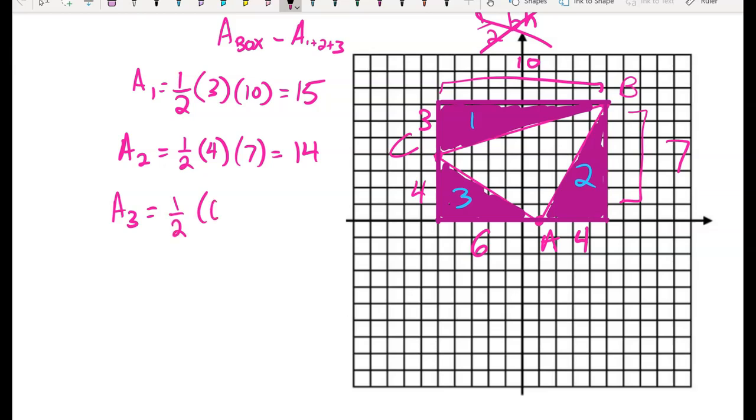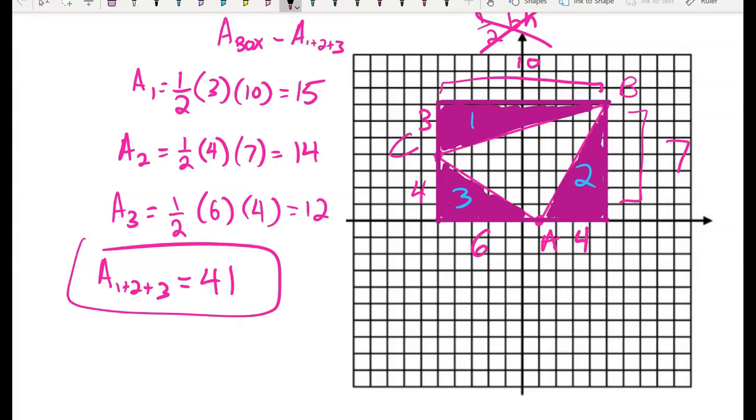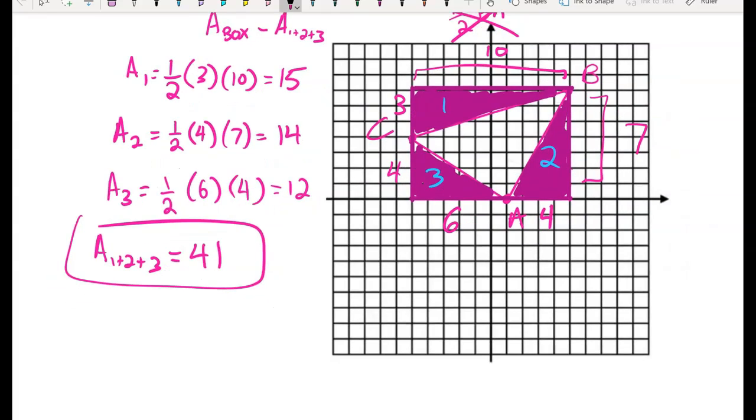So 1/2 of 6 times 4, which is just 12. So the area of all three of these triangles combined, if I add 15 plus 14 plus 12, is just 41 units. So that's the area of the triangles in purple going around.